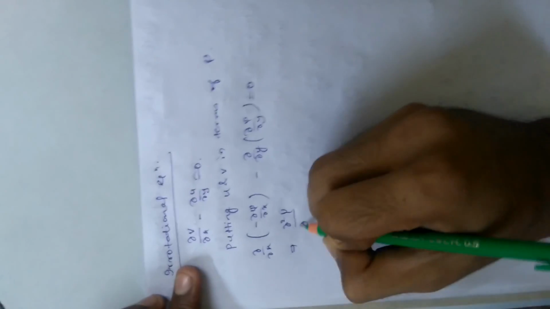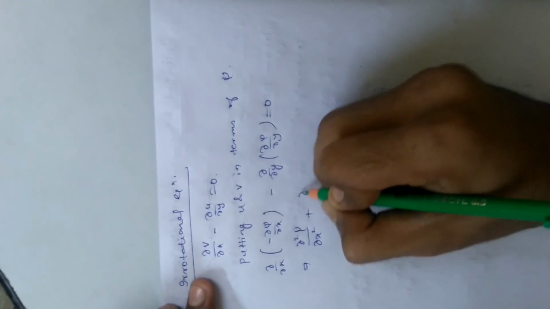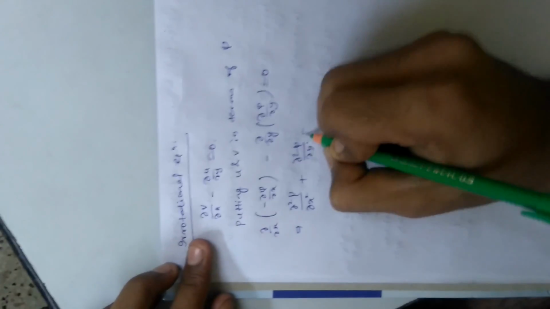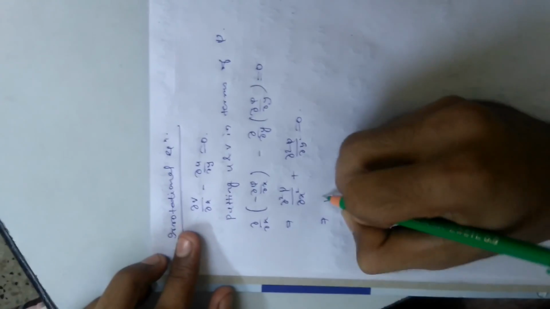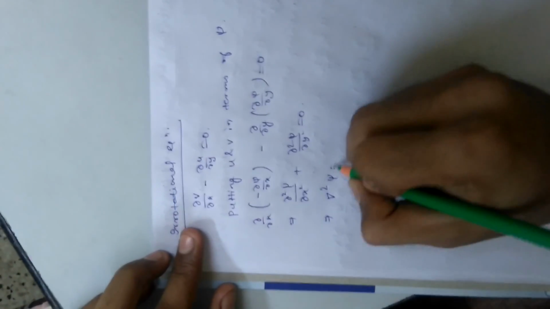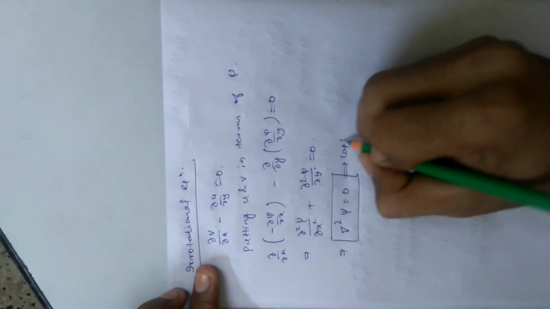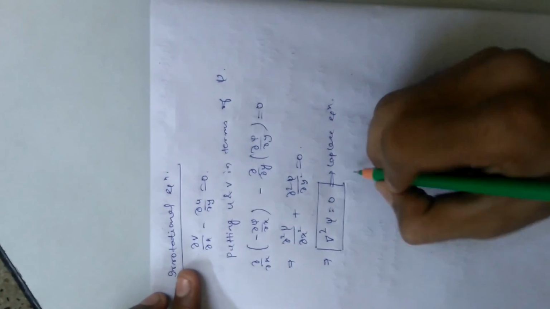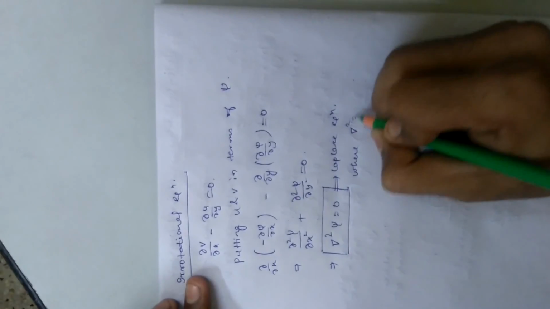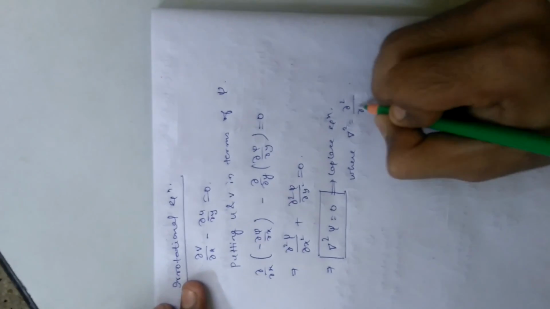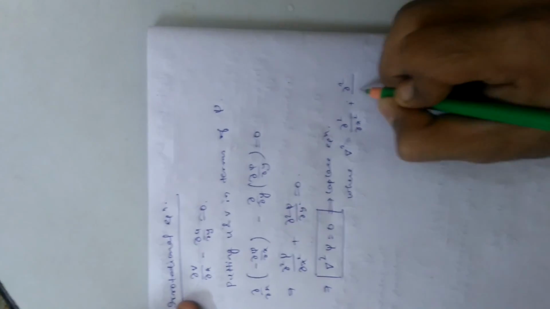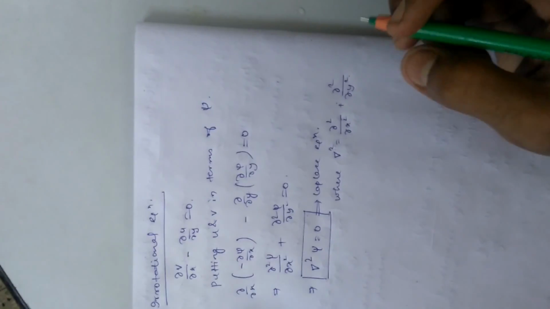On solving, we are getting del square psi upon del x square plus del square psi upon del y square equals to 0. This can also be written as del square psi equals to 0. This is the Laplace equation, where del square equals del square by del x square plus del square by del y square.